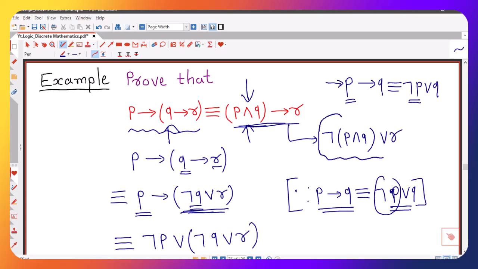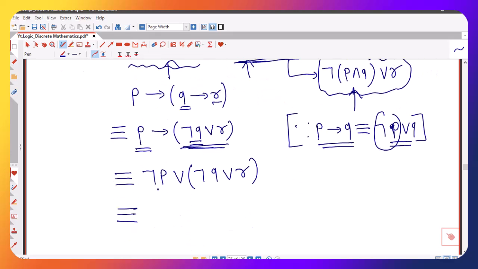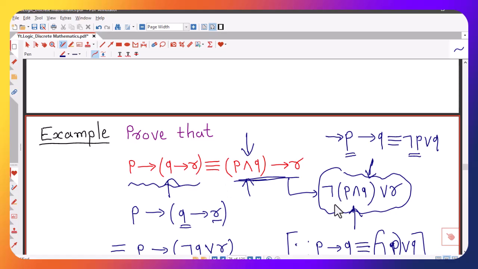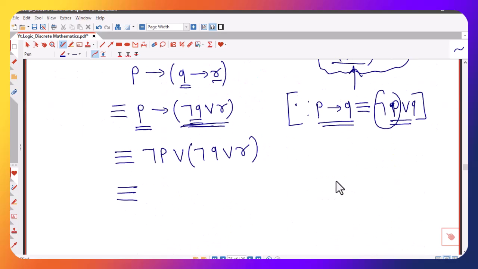So I will try to obtain this term in this. Here I have now negation P or negation Q, and R, and here I require negation of (P and Q). So for that I will apply associative law.